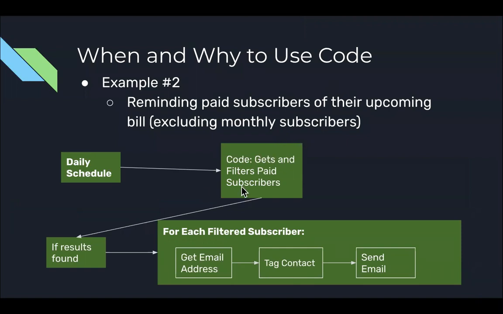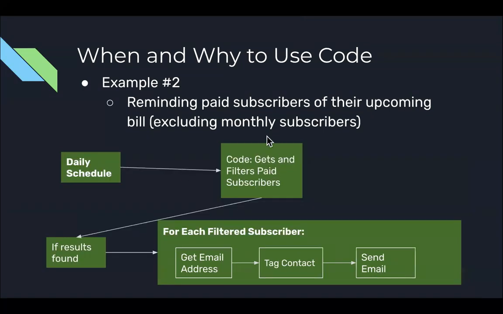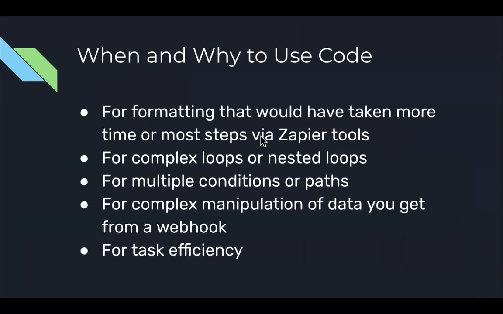It's getting and filtering the paid subscribers, and we have a filter that says if results are found, then we have a loop that gets the email, text contact, and sets that email. You can see the difference: here every day we'd potentially be running through 1,000 different people, whereas here, if there's a specific day where there's no reminders to send, we'll just use one task.